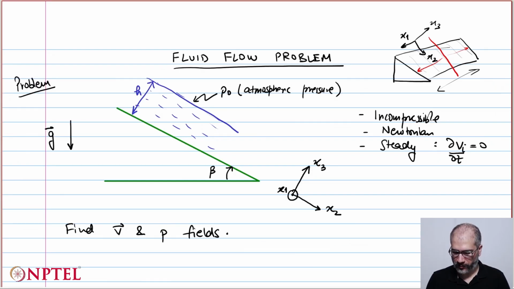When I say velocity field, what that means is I need to find v vector as a function of small x vector and t. But since it's a steady state situation, we already know that v vector is not a function of time. So I can remove that. And I need to find the pressure scalar field as a function of small x vector as well. So this is what we have to find.